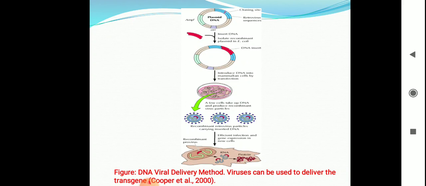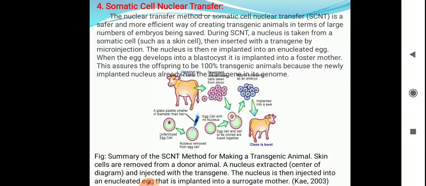This is the third method, and the last method is somatic cell nuclear transfer. This is the most important, and it is also viable in the case of our domesticated animals. Somatic cell nuclear transfer, shortly known as SCNT, is a safer and more efficient way of creating transgenic animals, in terms of the large number of embryos being saved.